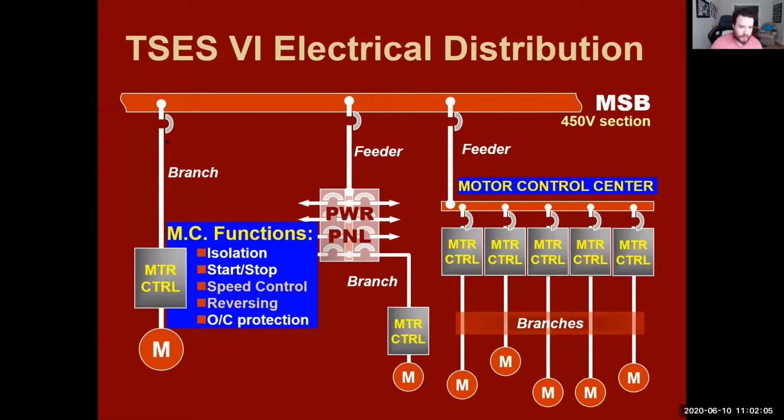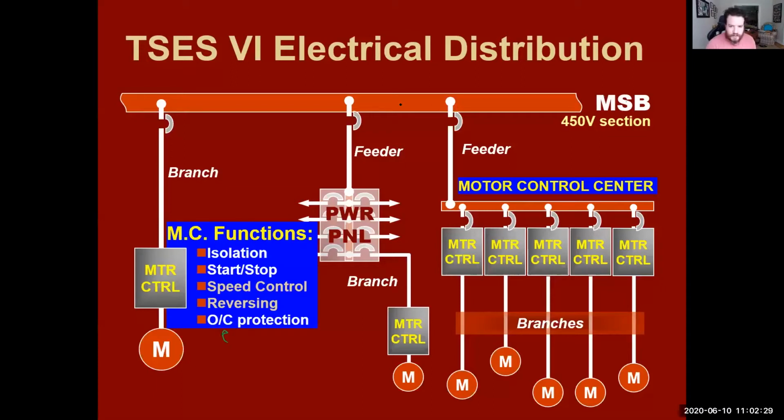We have branches that come off, and a branch comes out and goes to a motor controller. The motor controller's functions are to isolate. It starts and stops the pump or the motor, whatever you're using. There's speed control, there's reversing, and then there's basically an overload protection.